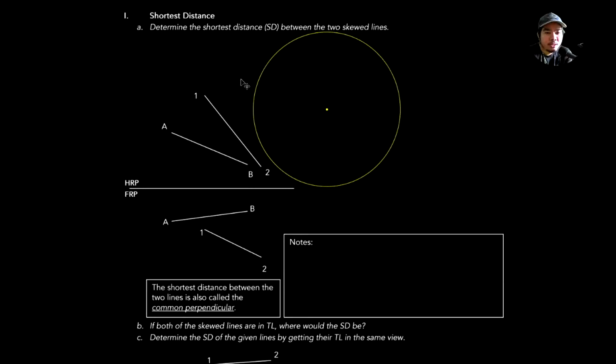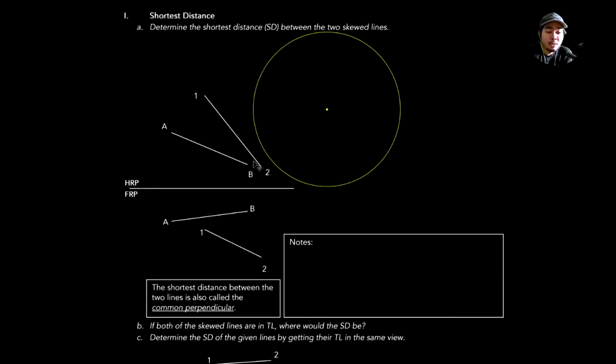Kasi we can imagine, kunwari itong line segment AB na to, it is a representation of an infinite line lang, no? So that infinite line could meet the shortest distance between itong AB na to and 1, 2 na to at a point wherein hindi sakop ng segments na to.